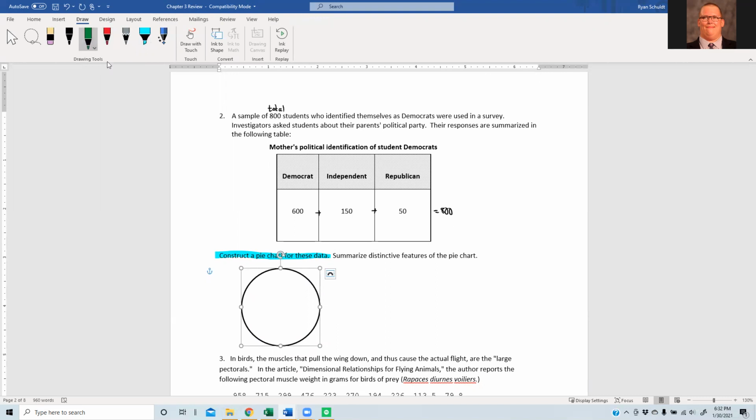Okay. So 600 out of 800 is 0.75 times 360 degrees. That means this one needs to be 270 degrees. So essentially 3/4 of a circle. Independents, 150 out of 800. Let's see, what fraction is that?